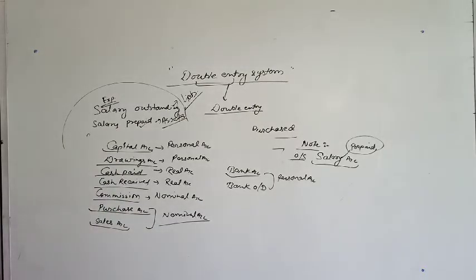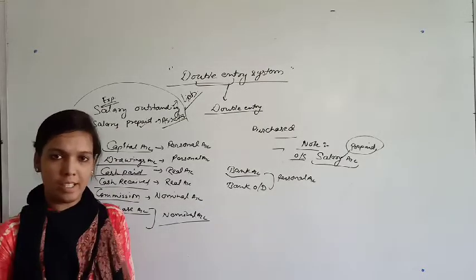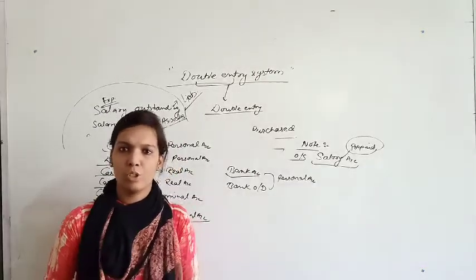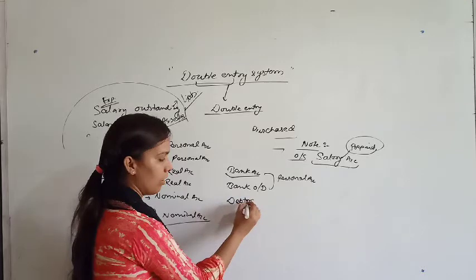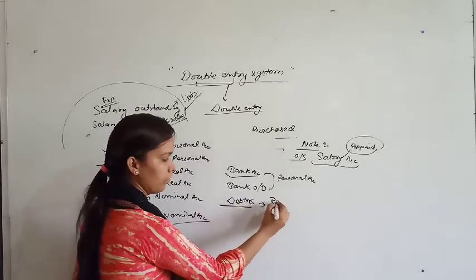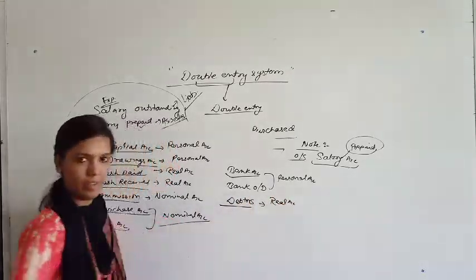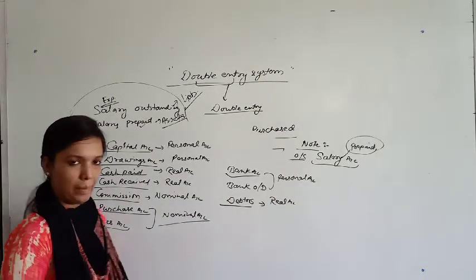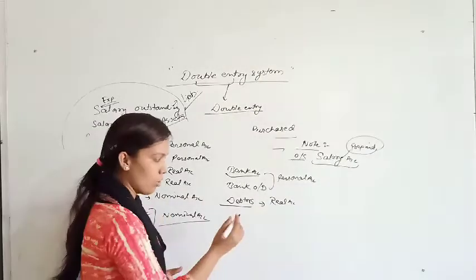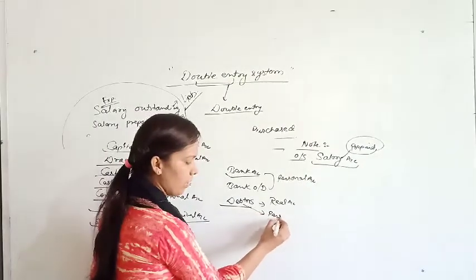Debtors. Debtors are your assets. So assets are also real account, not personal account. But debtors can be termed as a person. So according to person, it will be personal account.